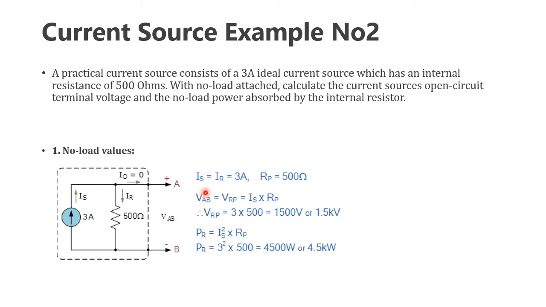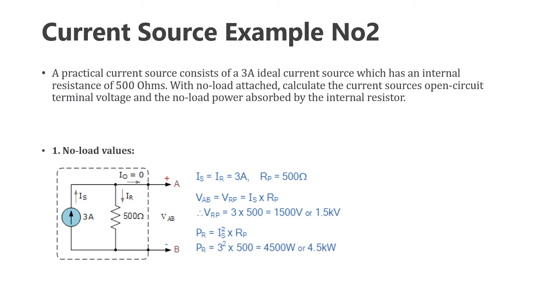Very easy question. Here the IS is 3 ampere. So we have to find the IR. At the no load condition there will be no current passing through this point, so the I output will be 0. According to the question, the I output will be 0.